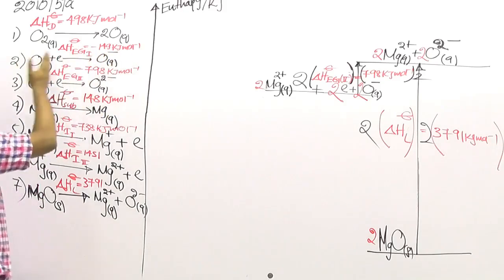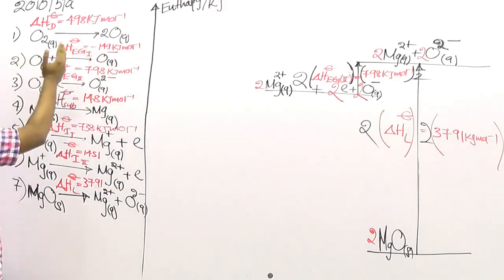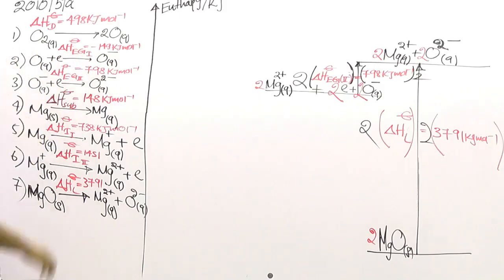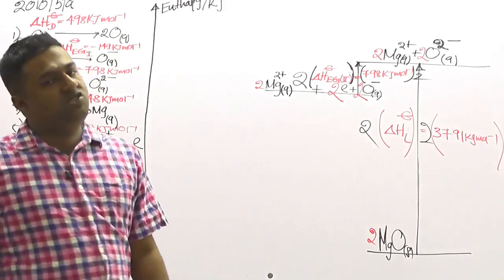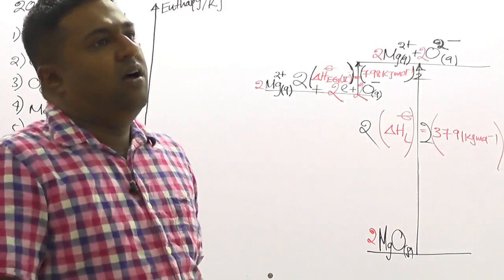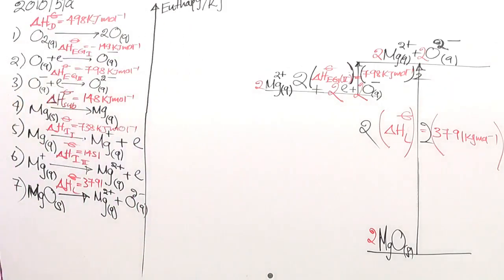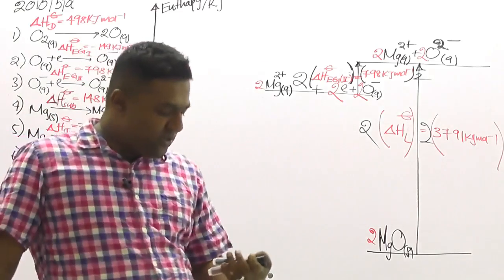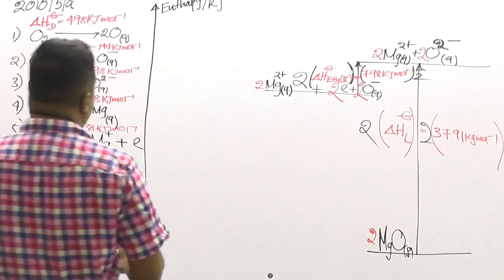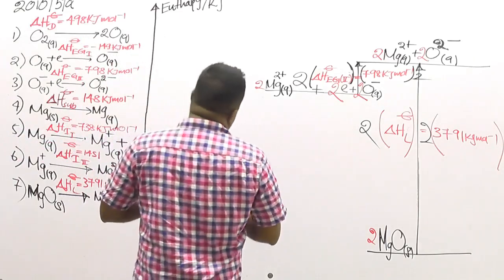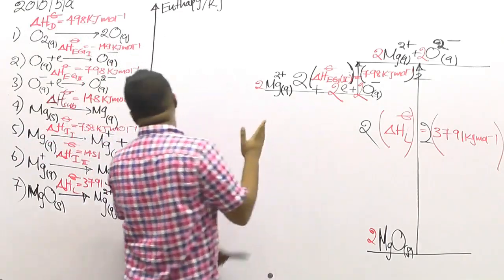O minus can be produced from the second equation, that is, the first electron gain energy of O gas. What is it?